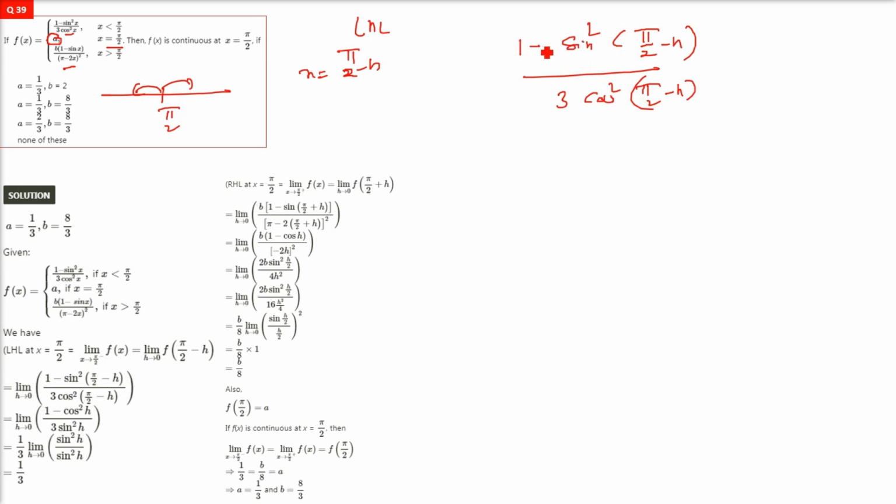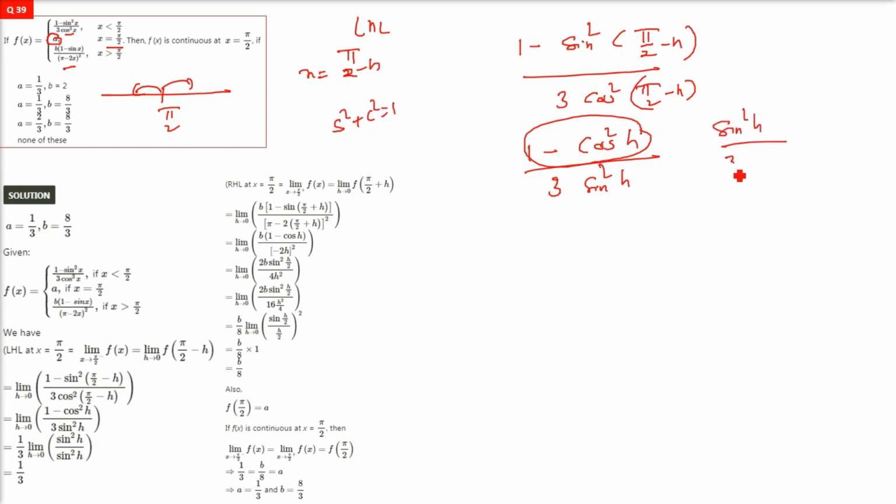So 1 minus sine square, it's basically cos square, 1 minus cos square h. In the denominator you have 3 cos square, because cos 90 minus theta is sine theta, so sine square h it will be. Now 1 minus cos square theta is sine square theta, because sine square theta plus cos square theta is equal to 1. So you can write it here as sine square theta divided by 3 sine square theta. Sine square gets cancelled, you get 1 by 3.